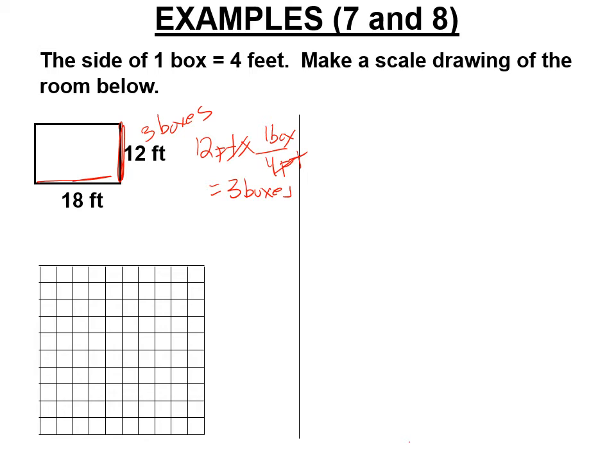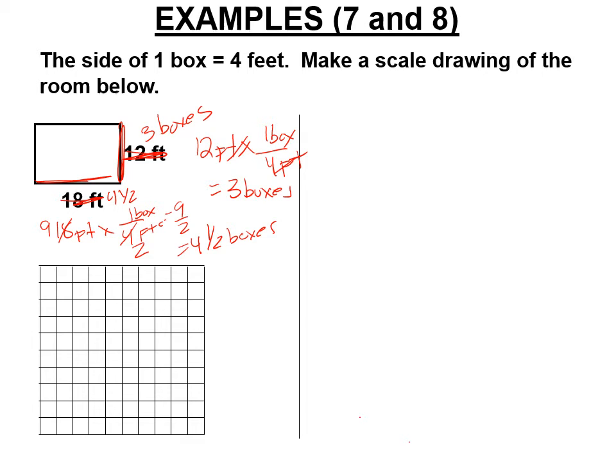This side, 18 feet times one box equals 4 feet. Right? You'll cancel. 4 divided by 2 is 2. 18 divided by 2 is 9. You get 9 halves or 4.5 boxes. All right, so now we have to make this side 3 boxes, this side 4.5 boxes.